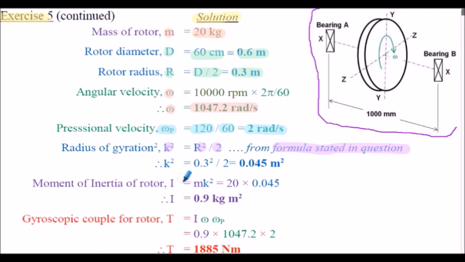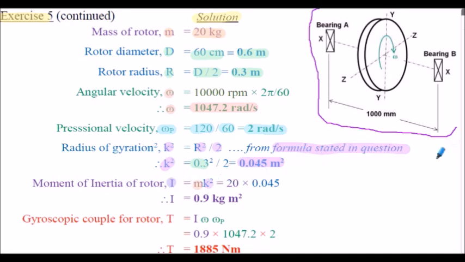We want to find K squared, the radius above, 0.3 squared divided by 2. So that's 0.045 meters squared. We can then calculate the moment of inertia of the rotor I. We know that's m K squared.